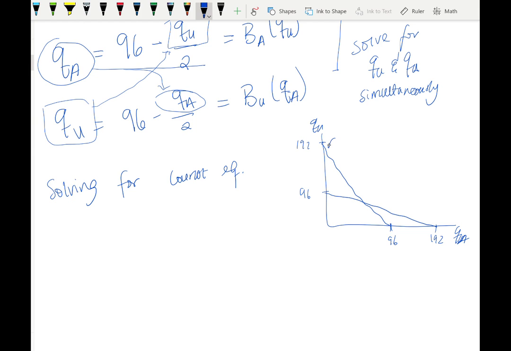Up here, we have the best response function for American, and down here, we have the best response function for United. Remember, for endpoints, for instance, if QA is equal to 0, what will QU be in American's equation, and vice versa.